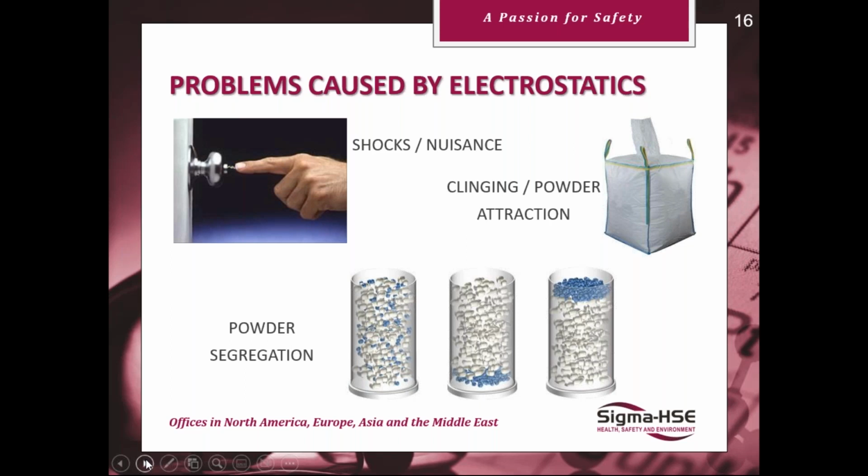And powder segregation. If you see the pictures below, you've got a mixing on the left, then the start of segregation, and then the final one is total segregation. In the pharmaceutical industry in particular, this can be critical when you've got milligrams of active pharmaceutical ingredient in there and it separates out.